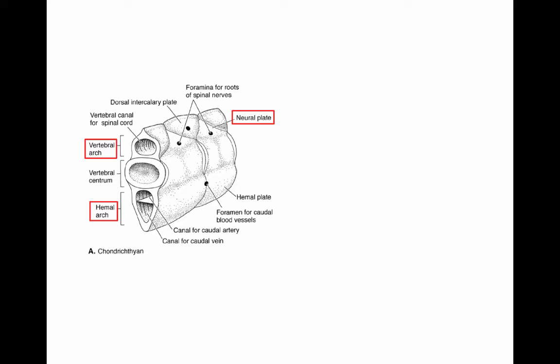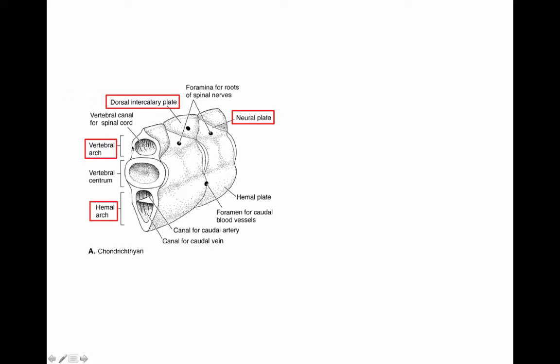So there are also these cartilage structures called neural plates that are going to come up and between these neural arches, and then also between sequential neural arches, structures that we call intercalary plates that are going to cover over the top of what otherwise would be the exposed portions of the nerve tube. So in sharks we see this very complete coverage and encasement and full protection of the neural tube.